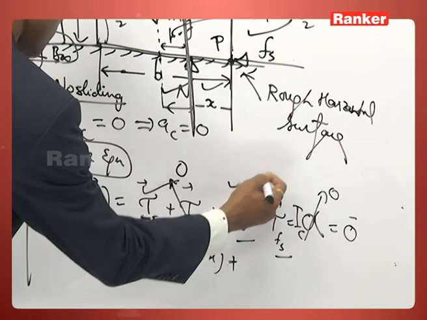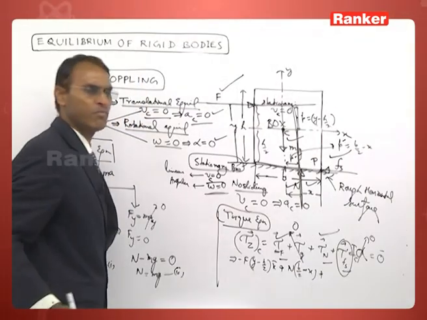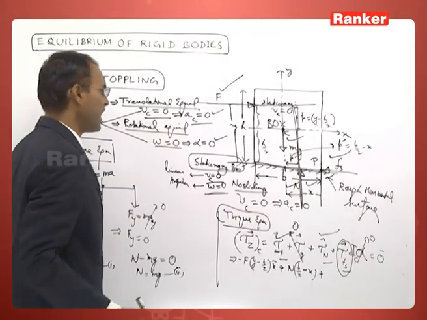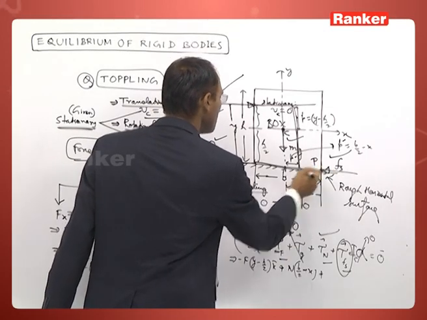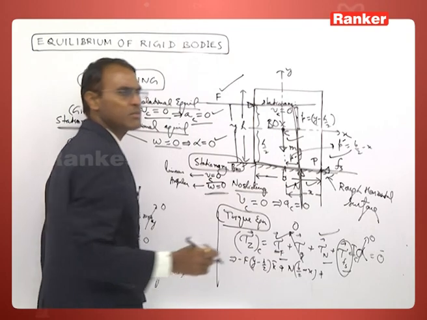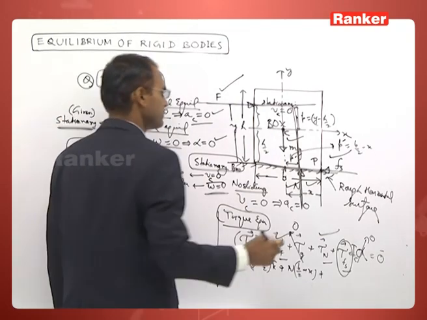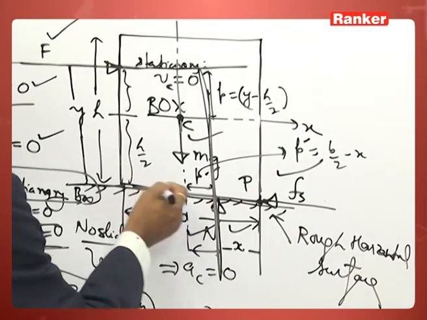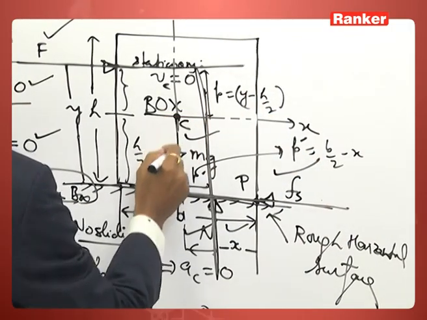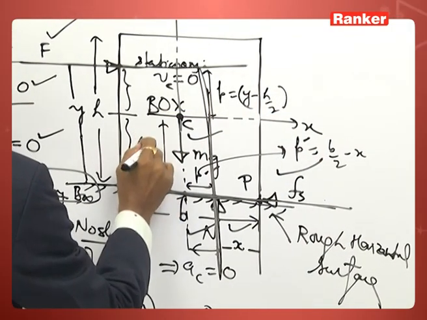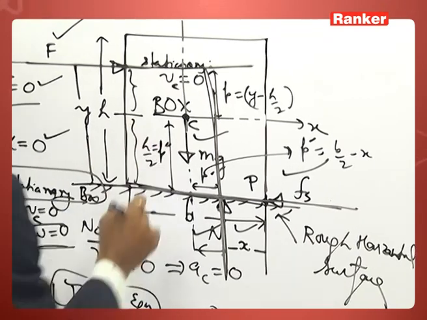This is over. Now consider the force, frictional force, static friction. This will produce a torque about the center of mass. This is the line of action of the force of friction, this is the reference point and this perpendicular distance will be equal to h by 2.